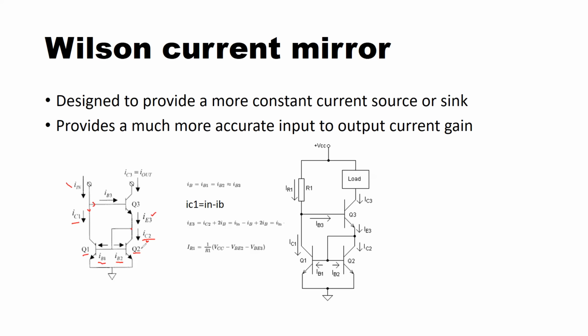Now what happens here is that when you apply an input current source into the circuit and let it flow, the voltage at this node starts to rise. If this voltage, which is the base voltage of transistor Q3, is sufficiently large so that it exceeds the base emitter junction voltage of transistor Q3, the voltage at the emitter of Q3 starts to rise.